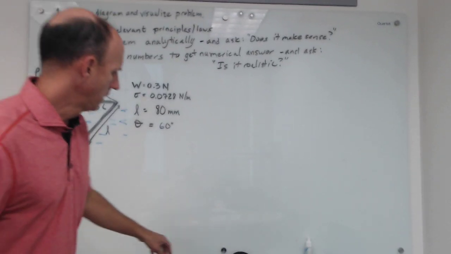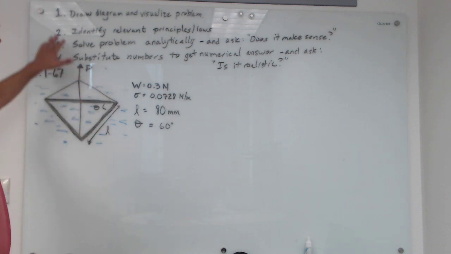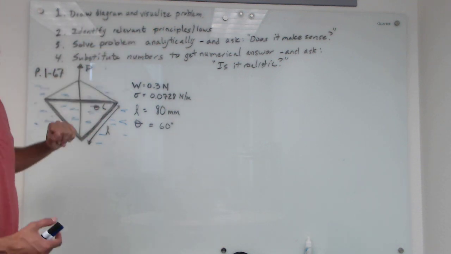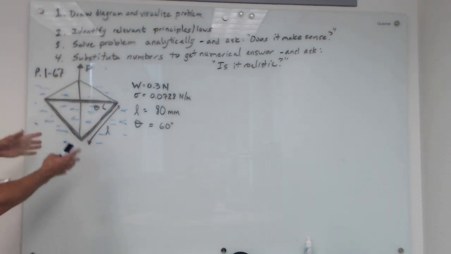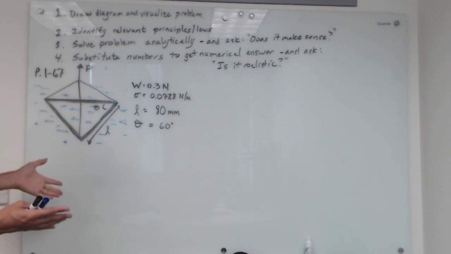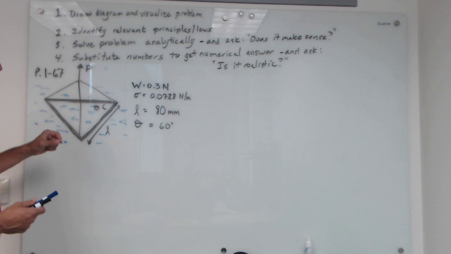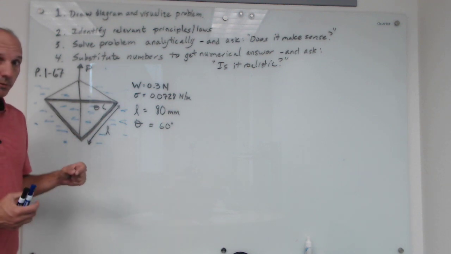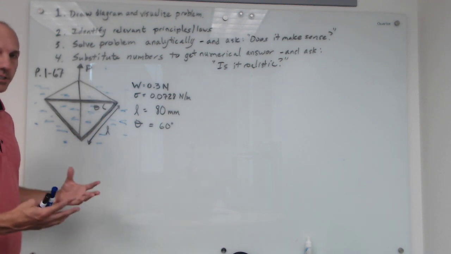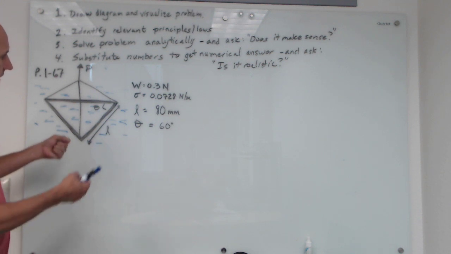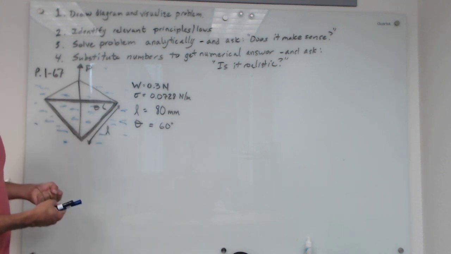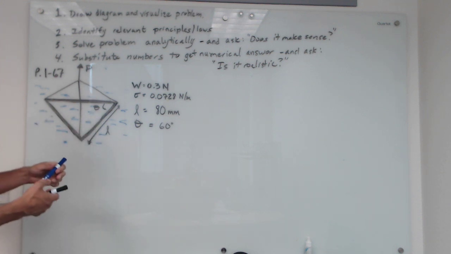So step number one of problems is always draw a diagram, visualize what's being asked. We have a diagram here, but it doesn't tell us everything we need to understand to solve this problem. You really need to have a sense for how surface tension is acting to pull down on this rod as it's being pulled out of the water.